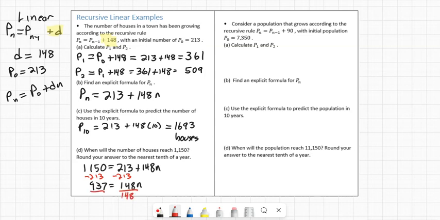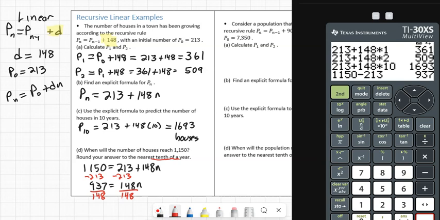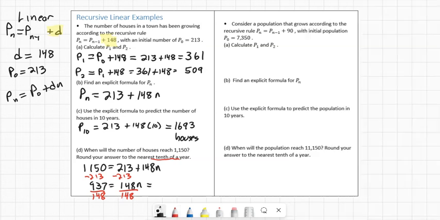Here we're likely going to run into decimals, so let's check the nearest tenth of a year. Dividing by 148 and rounding to the nearest tenth, 6.3. Approximately 6.3 years later.